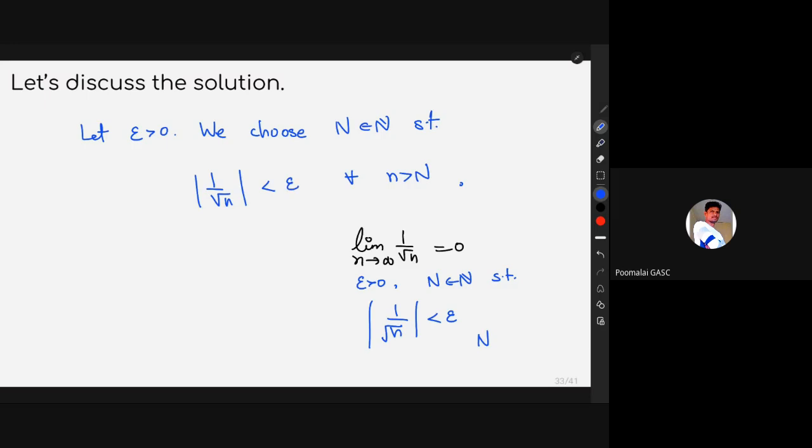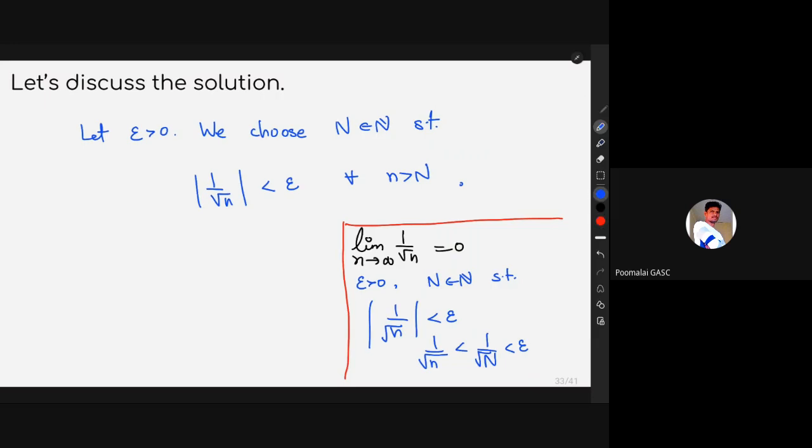Yeah. So I'm only hunting for N such that 1 over square root of N is smaller than epsilon, and anything larger than this capital N will again be smaller than epsilon. Okay, so this choice is clear now, why I'm choosing such an N.